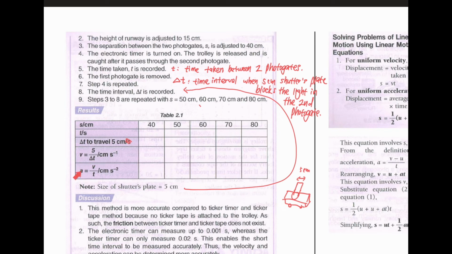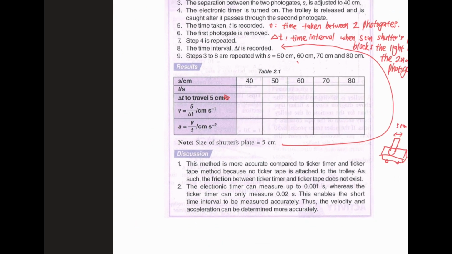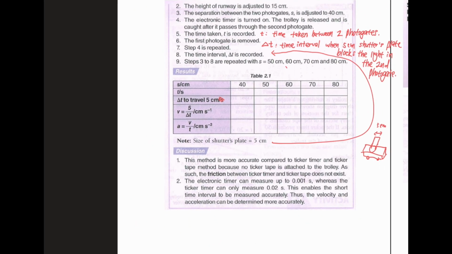Then we have acceleration equal to v over t. First we need to know that the formula for acceleration is a equal to v minus u over t. But u is 0 because the trolley is held at the beginning, so it has an initial speed of 0.